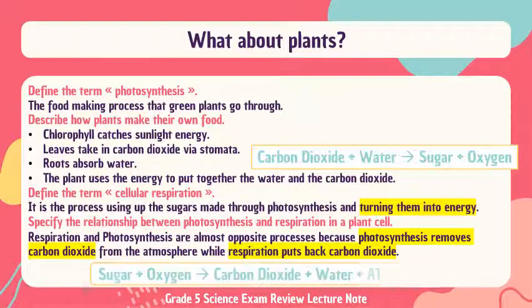Here is the equation of the respiration process. The photosynthesis process and the respiration process have opposite equations. As you can see, during photosynthesis, we use carbon dioxide. During respiration, we release carbon dioxide. During photosynthesis, we release oxygen, while during respiration, we use oxygen.